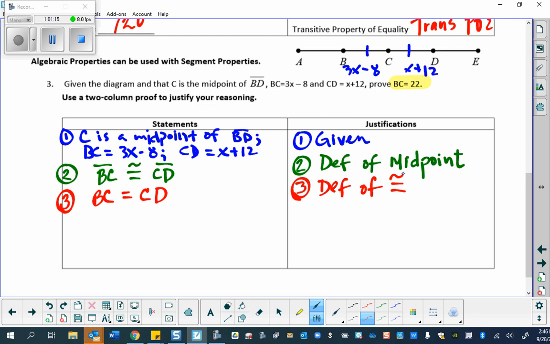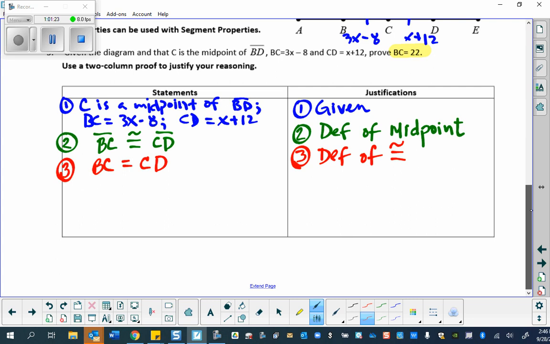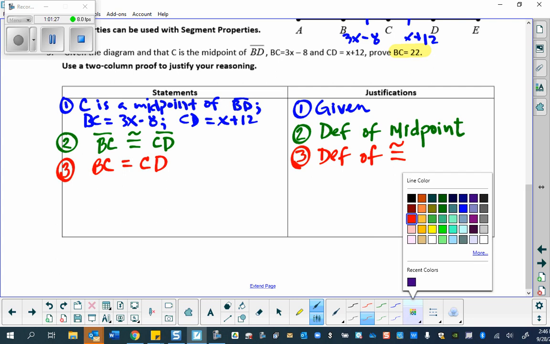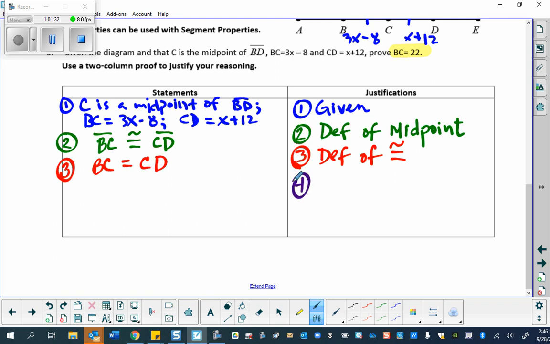Now I want to go back to what Sumner was saying. If BC is 3x minus 8 and CD is x plus 12, how do I fit them into this story? Anybody have an idea? Maybe that'll help. What do I do? Go ahead.